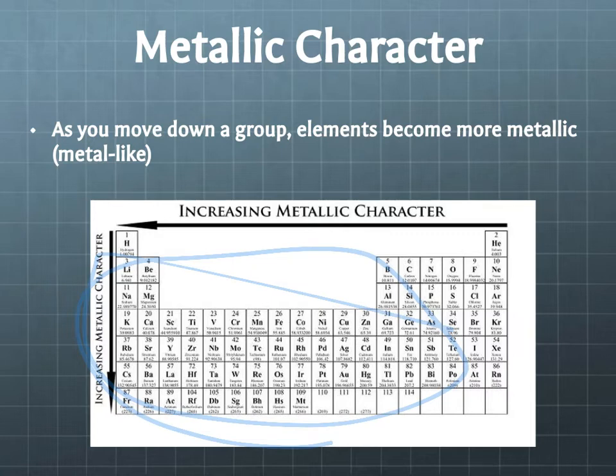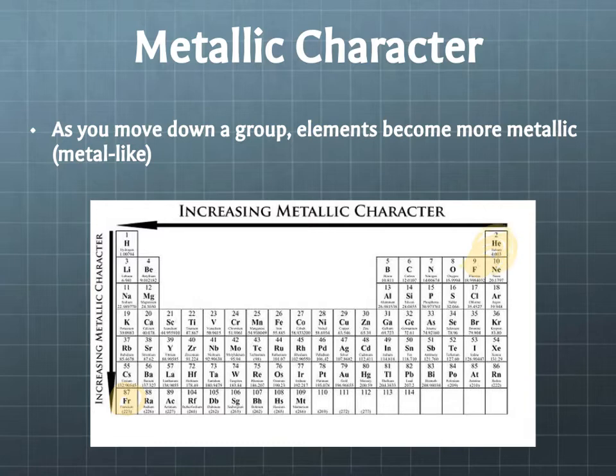But if we're talking about all elements overall, they have more metallic character going from right to left and from top to bottom. So that would mean that francium has the most metal-like characteristics and that fluorine or helium, this corner, has the least.